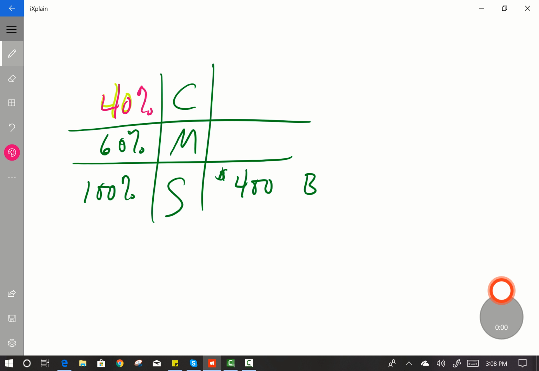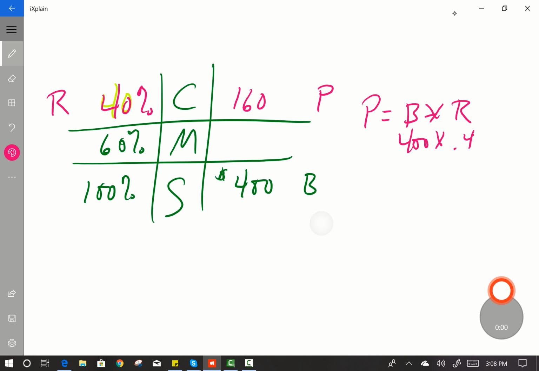Okay, 40%, and that'll be the rate. We'll go straight across and make this the part. We have a value for the rate and the base, so we're solving for the part, and part is equal to base times rate. That's 400 times 0.4, which gives us $160 for the cost.